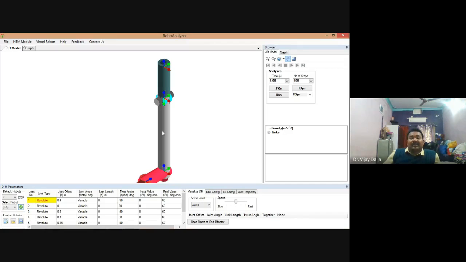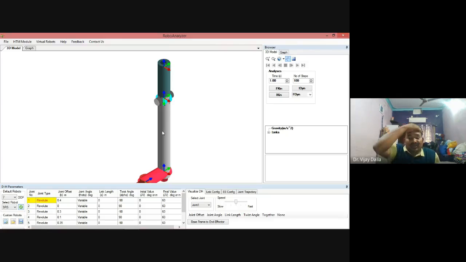As I told you, for a simple robot, we can easily write the position, velocity, and acceleration equations. But if a robot becomes multi-axis, with more degrees of freedom, like 20, 30, or 40, or a mixed kind of robot with prismatic joints and rotary joints, then in that case we need to go with the DH convention.